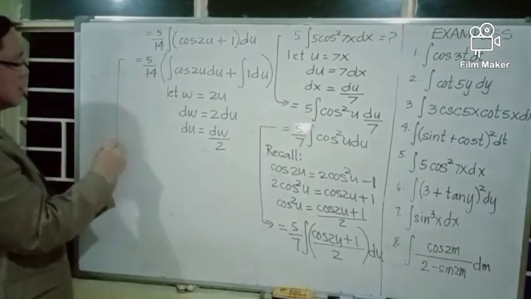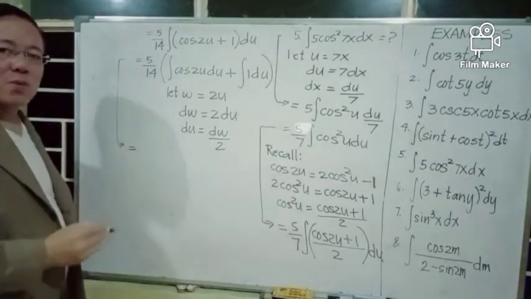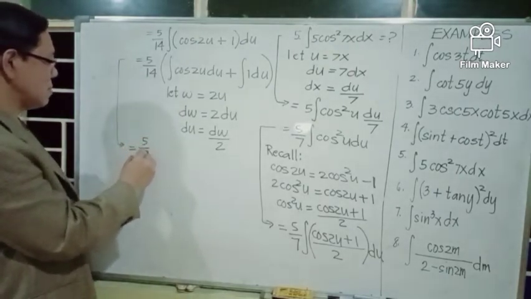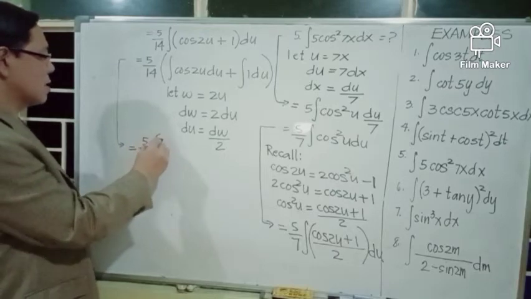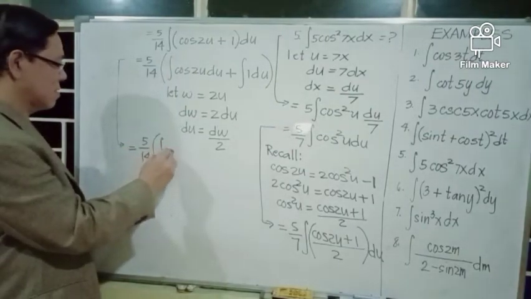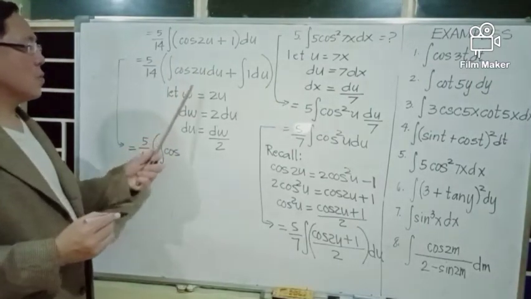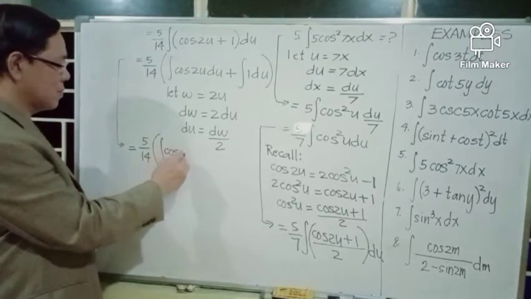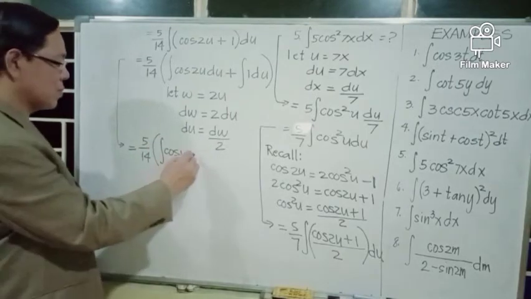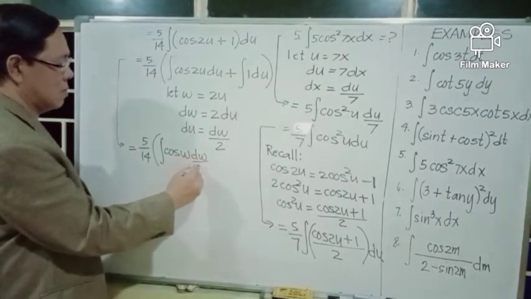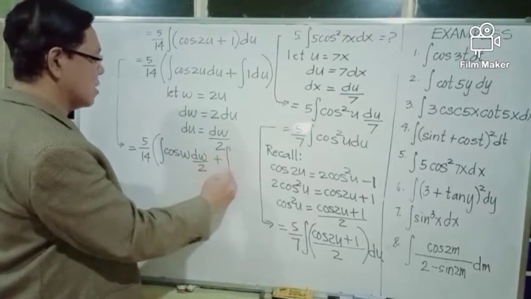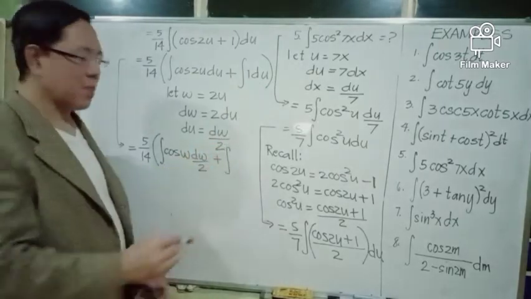Now this integral is equal to 5 over 14 multiplied by the integral of cosine of 2u, which is w, du is dw over 2, plus the integral of 1 du, or simply du.